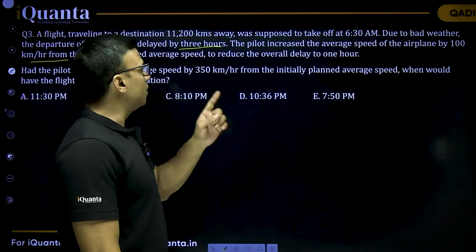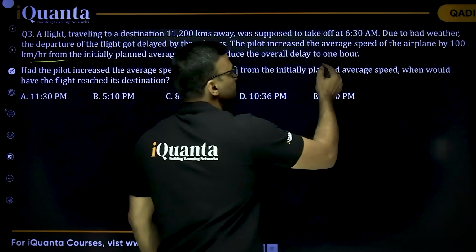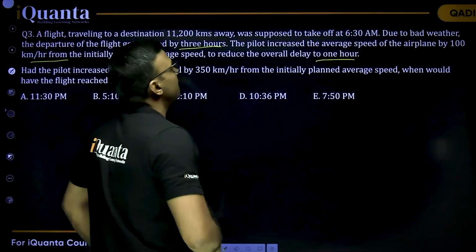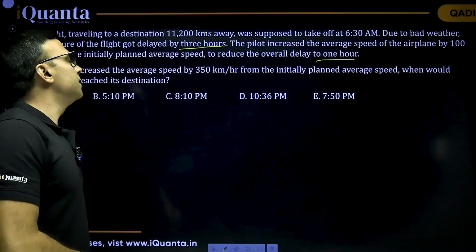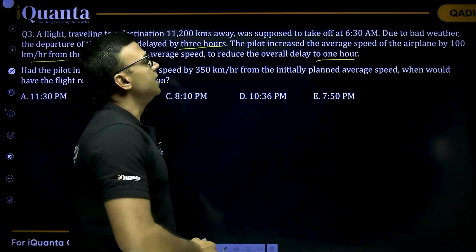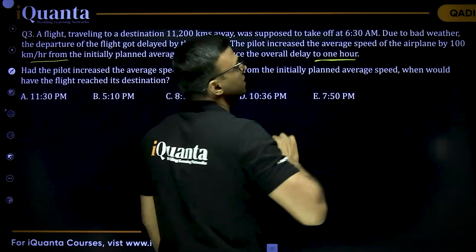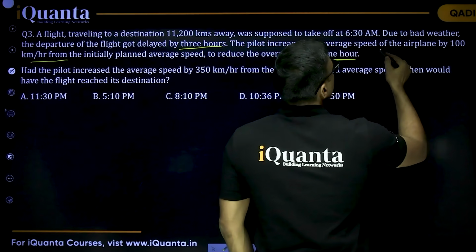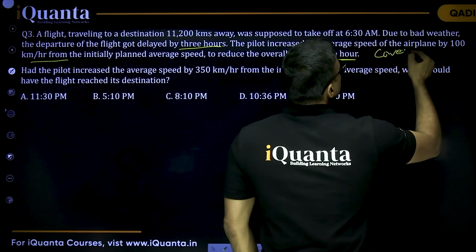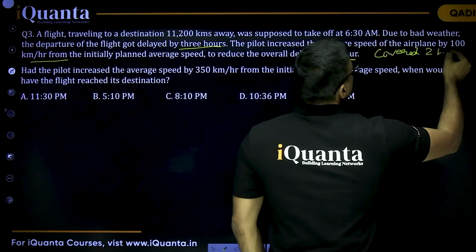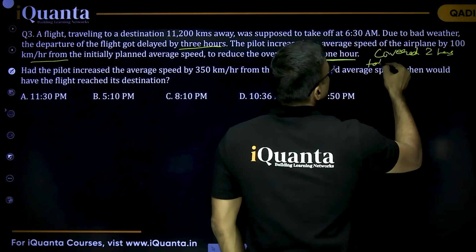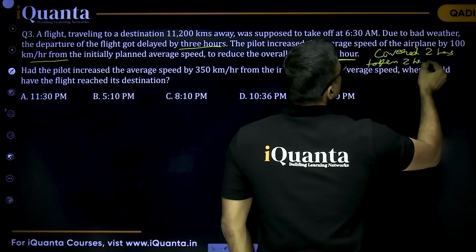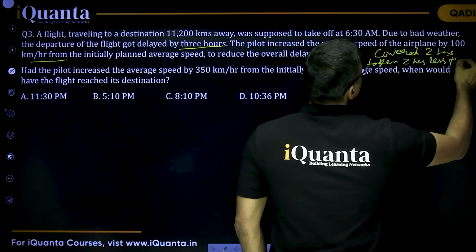Oh, so he covered 2 hours. Okay. The flight was late by 3 hours and they reached the destination 1 hour late. That means the aeroplane has covered 2 hours. What does that mean? It has taken 2 hours less than usual.